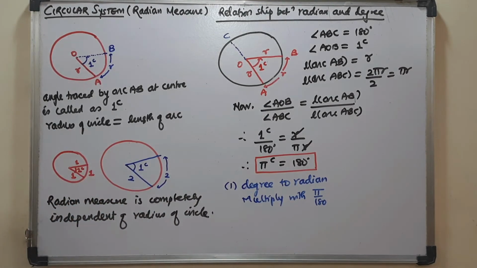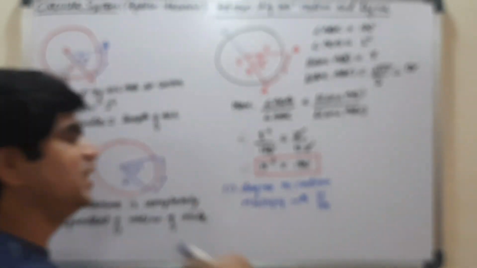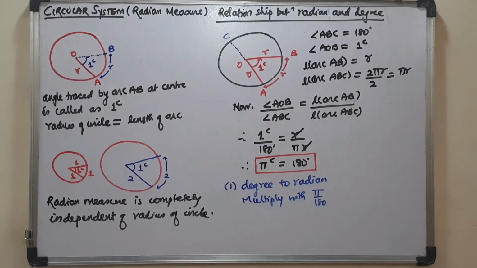Okay, when you convert degree into radian, so whatever degree is given to you, multiply it by pi by 180. तो only remember this, ताकि दूसरा आप आराम से याद कर रख सकते हो.